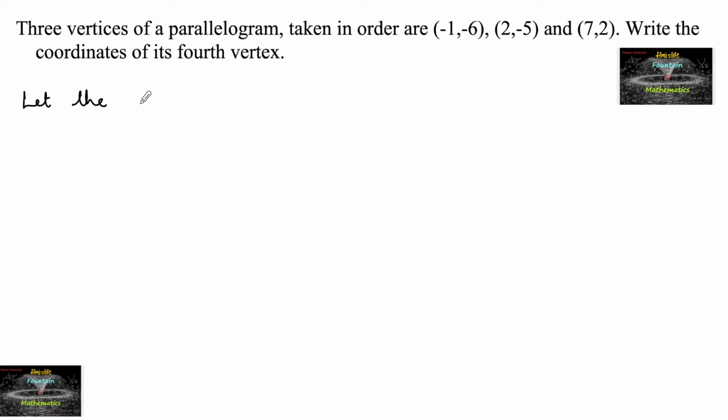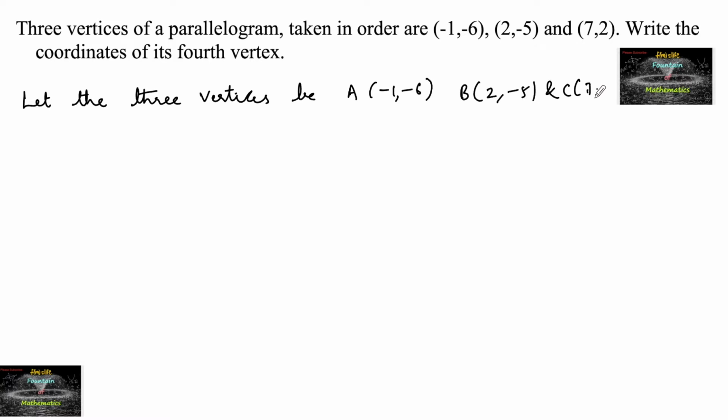Let the three vertices of the parallelogram be A(-1, -6), B(2, -5) and C(7, 2), and let the fourth vertex of the parallelogram be D(x4, y4).